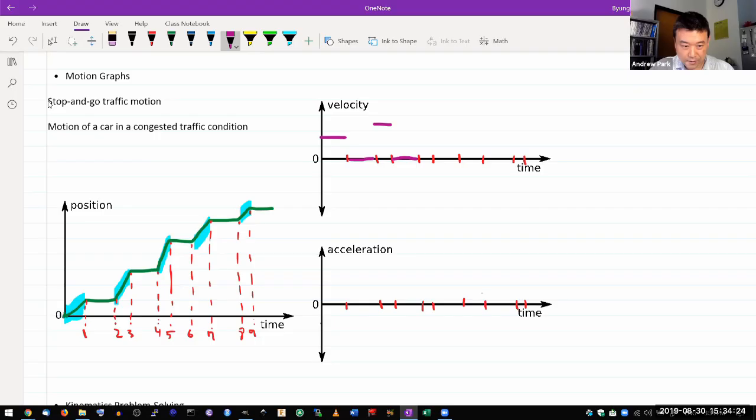And then it's 0 again. And then it's some positive constant value. And then it's 0, 5 to 6. And then 6 to 7, it's some positive value again. 7 to 8, it's 0 again. And 8 to 9, it's some positive value again. And then 9 to 10, it's 0 again. It looks very disjointed.